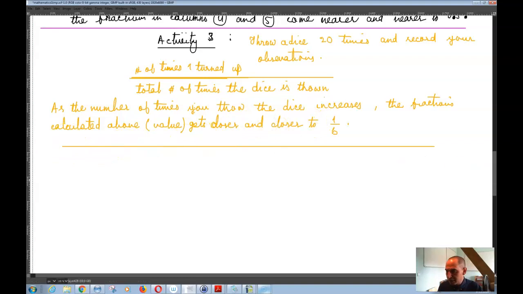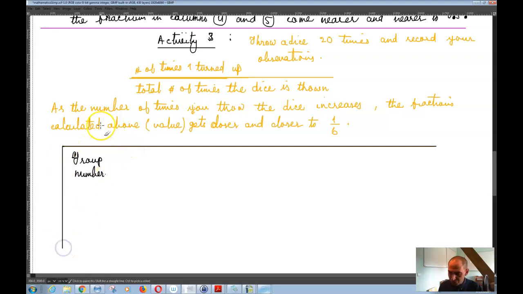So this is the group number, meaning that you divide your class into different groups, and over here you have the total number of times the dice is thrown in a group.